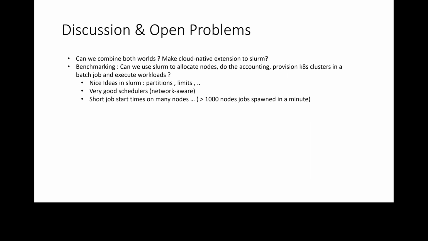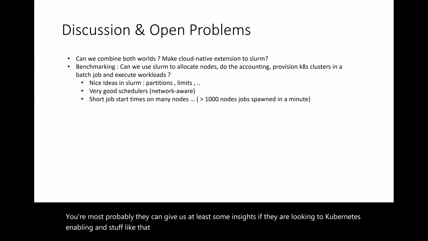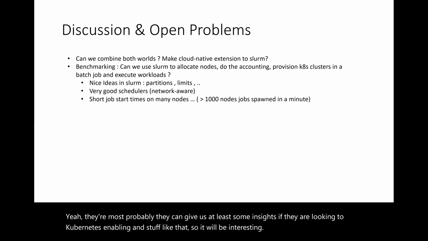Most probably they can give us at least some insights if they are looking into Kubernetes enabling. There are things, for example, like how Slurm is planning to support auto scaling in cloud environments. I guess there is a ton of work happening there right now.